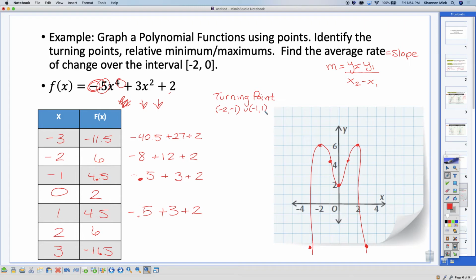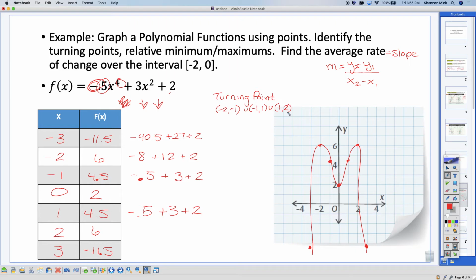And then we know there's another one between 1 and 2. These are just estimates. We're just looking at it and saying it has to be somewhere in there, but we don't know where, do we?